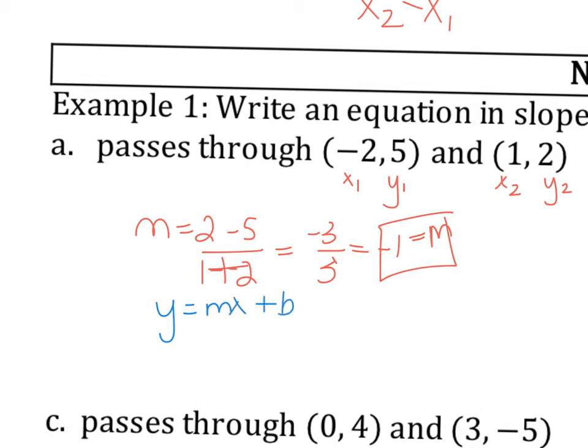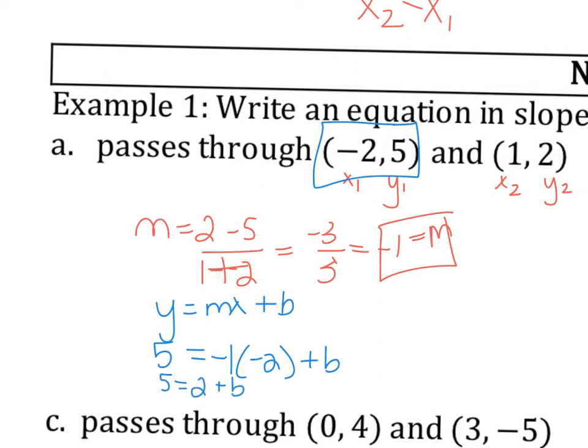I'm just going to choose this point right here, and we could use either one of them. It doesn't matter. I'm going to replace the y with 5. My m is negative 1. My x is negative 2. And then I'm going to multiply negative 1 times negative 2, which is 2. And then I would subtract 2 from both sides. So our b is 3.